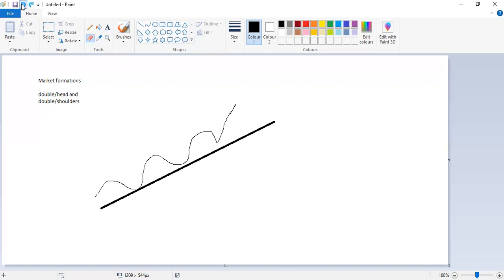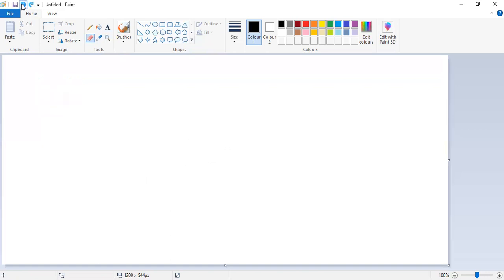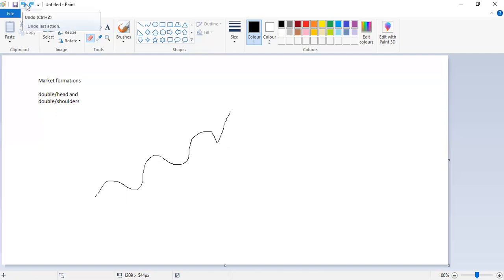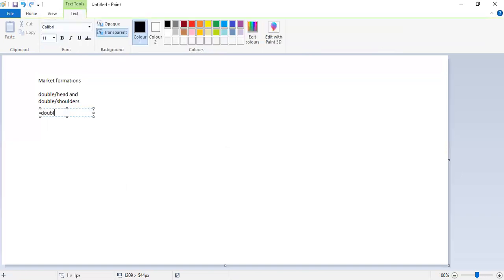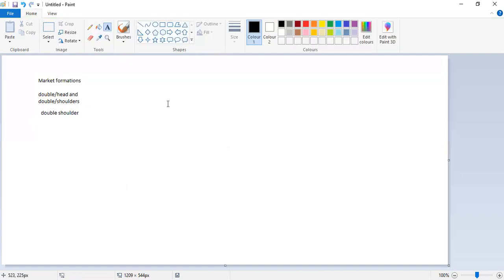So, for instance, let's take that out. Here's the double shoulder. So for instance, in the double shoulder, we still have that same trend. We're always looking for the trend.